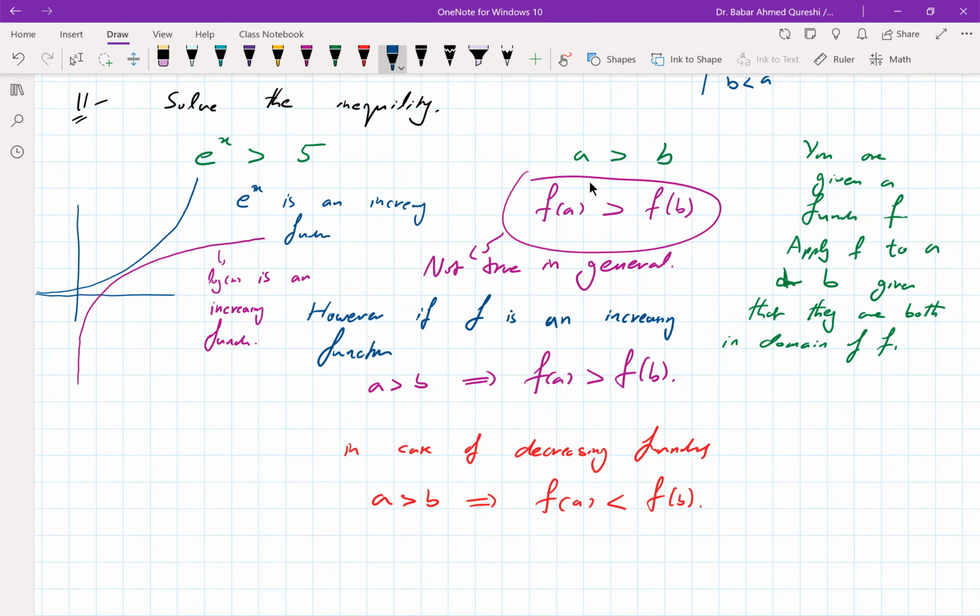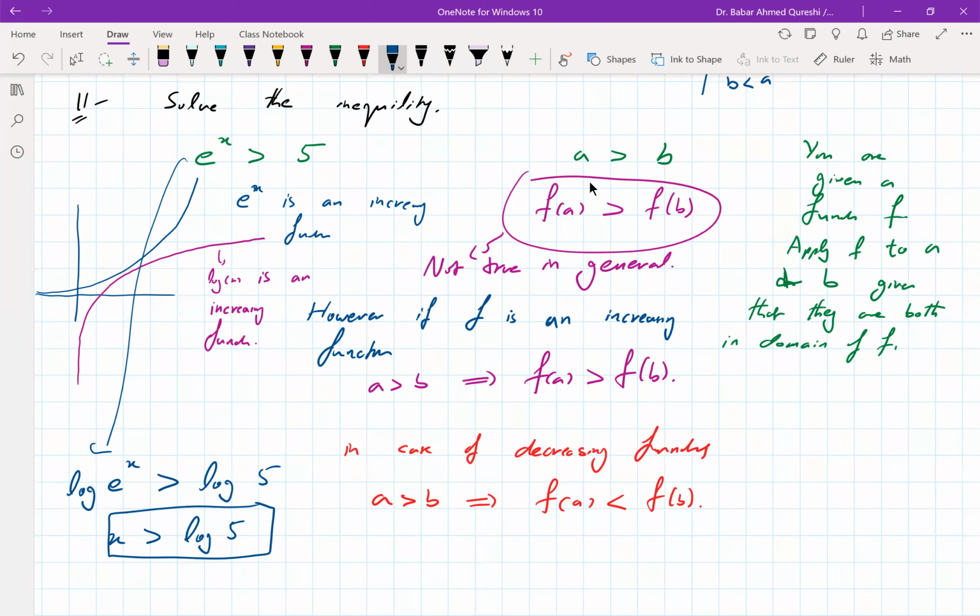Therefore, on this inequality, if I feed those two numbers, e^x is always in the range of log, because e^x is always a positive number and 5 is obviously positive. So both numbers are in the domain of log. So I can feed those two numbers to the log function, and I'll still have this inequality. But this then gives me x is bigger than log of 5. So I have solved the inequality.